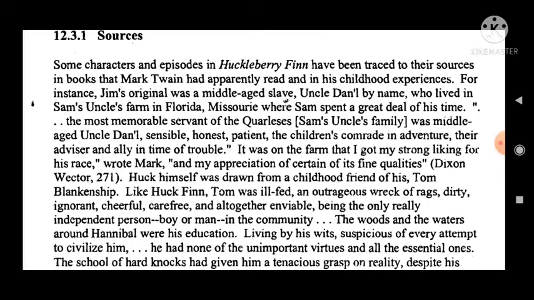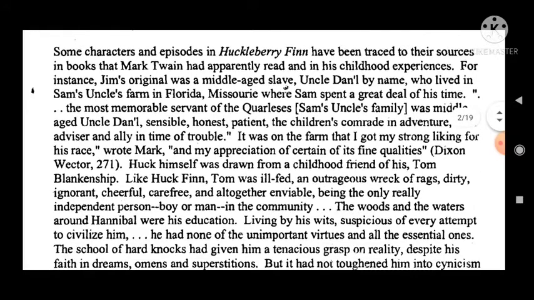For instance, Jim's original was a middle-aged slave, Uncle Dan by name, who lived on Sam's uncle's farm in Florida, Missouri, where Sam spent a great deal of his time.